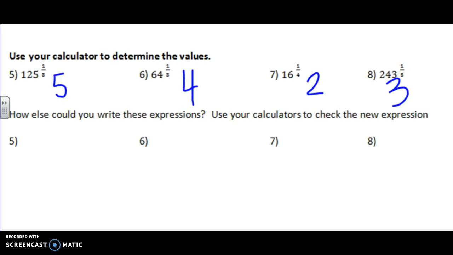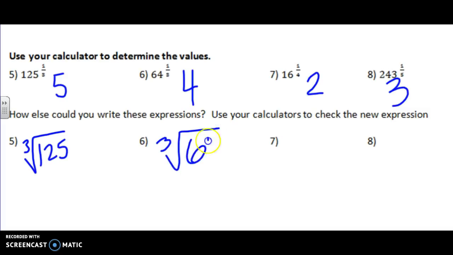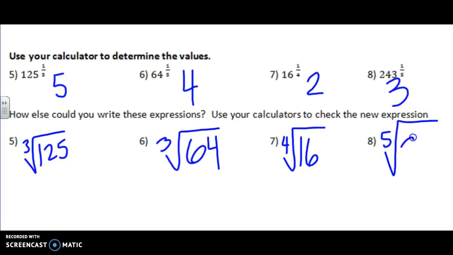So if you want to rewrite all these, instead of writing it as the 1/3 power, this is the same thing as the cube root of 125. Number 6 is the cube root of 64. Number 7, 16 to the 1/4, that 1/4 means the same thing as the 4th root of 16. And lastly, you've got the 5th root of 243.